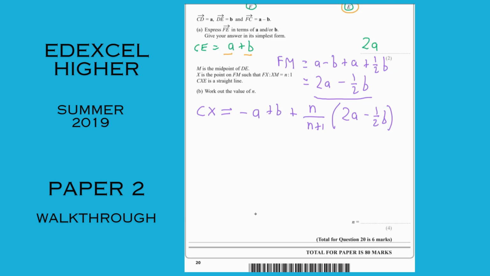So based on what I said a bit ago, the coefficients of A, in other words, the things in front of A, must be the same as the things in front of B. So although you could expand brackets, I wouldn't bother. Let's just look at what is in front of the A's. So here we've got a -1, and here we've got a 2 and this fraction. So let's just do 2 multiplied by it.